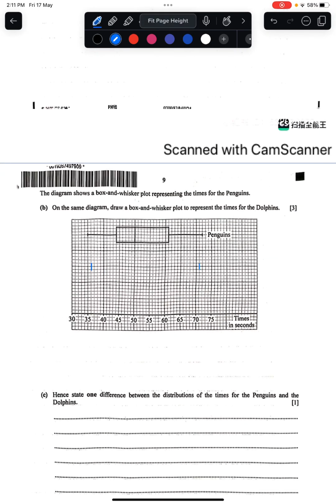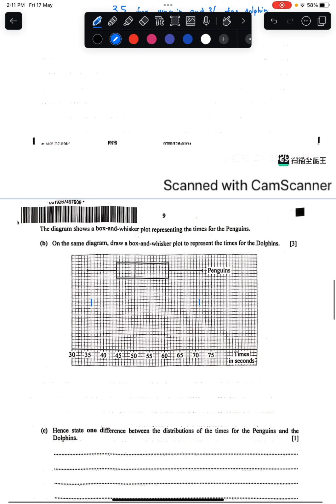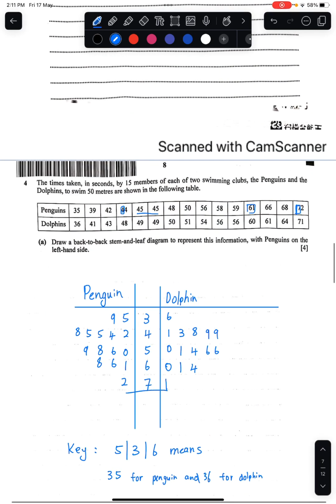Then we have to find Q1 and Q3, and this is the median. The traditional way is just counting 2, 3, 4. So the median is 51.